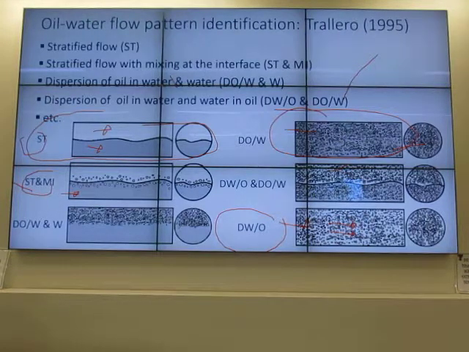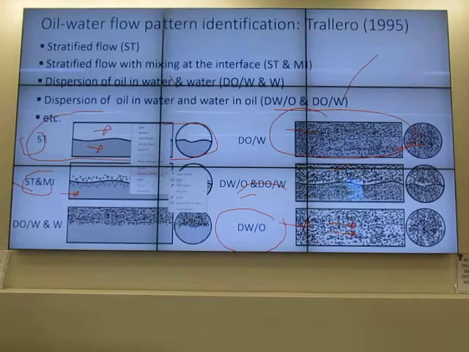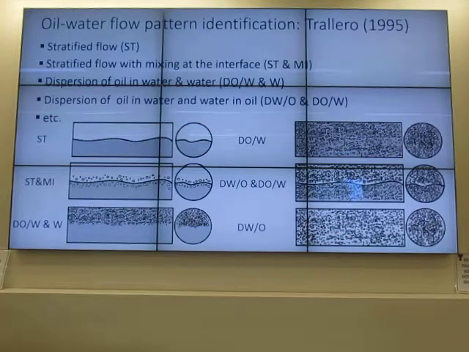So there's no slip. If we have highly turbulent, fully mixed flow, it is very likely that we have no slip, right? If we have laminar flow where phase separation happens, like stratified flow, it is likely that we have slip, right?